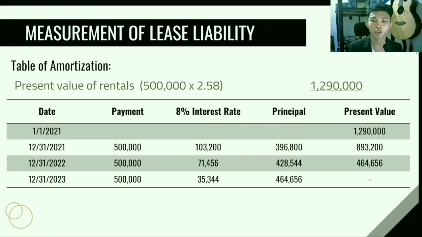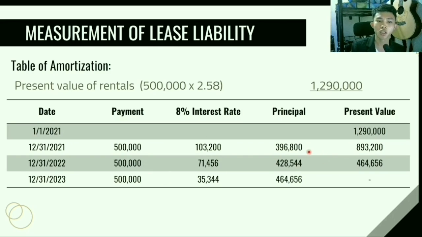So punta naman tayo sa table of amortization. So initial present value natin is 1,290,000 as computed dito sa taas. Payment natin, which is yung 500,000 na annual payment nga ng rent. Kukunin natin yung 8% interest rate ng present value natin, which is 103,200 pesos. So, ito yung interest natin for this year. Okay, so to get the principal, we will subtract the interest from our annual payment na 500,000.